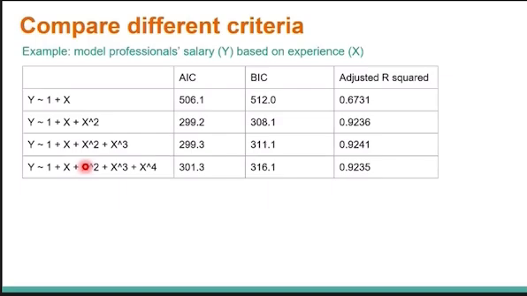I want to compare different criteria. And what are the criteria that I want to compare? I want to compare the criteria that have to do with model fitness and model complexity. Why do I have to use that? Why not just the criteria for model fitness?